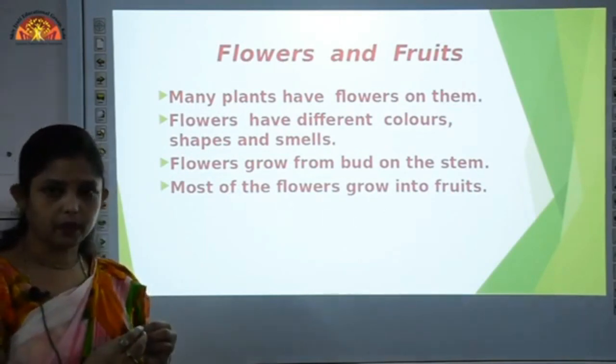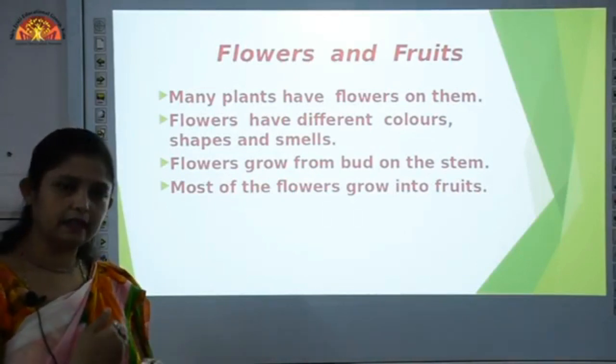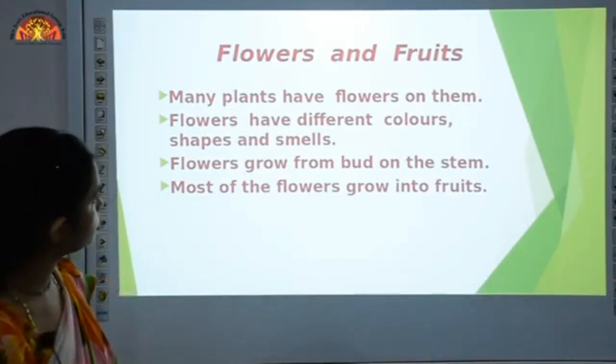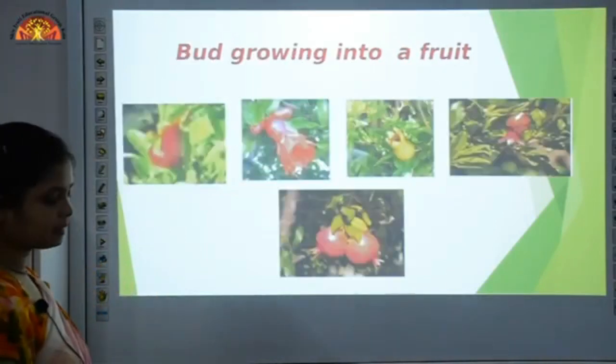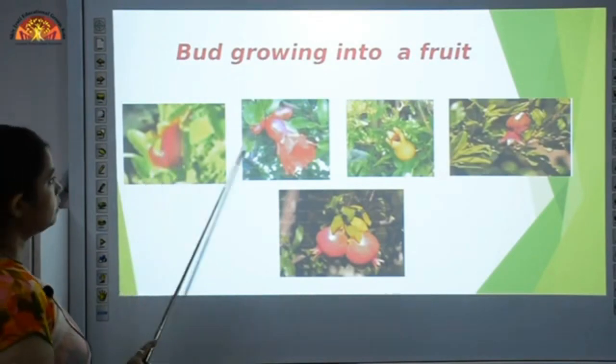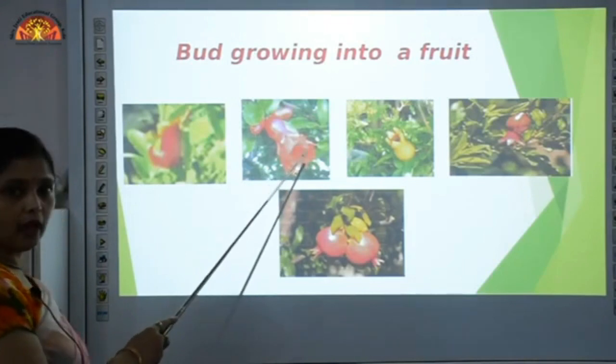So from that bud flower develops, and in some plants this flower then gets converted into a fruit. I can show you this through the picture also. Now you can see here, this is a small flower bud, then this opens up, it grows into a flower.